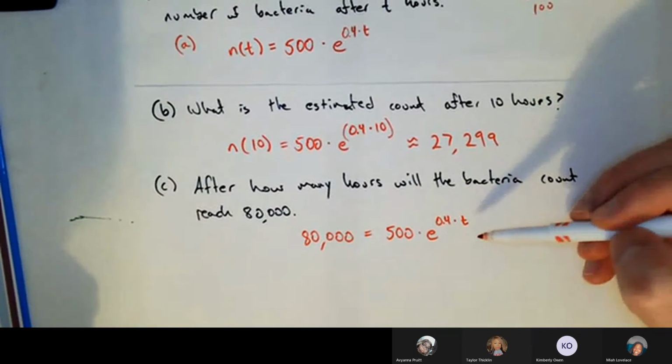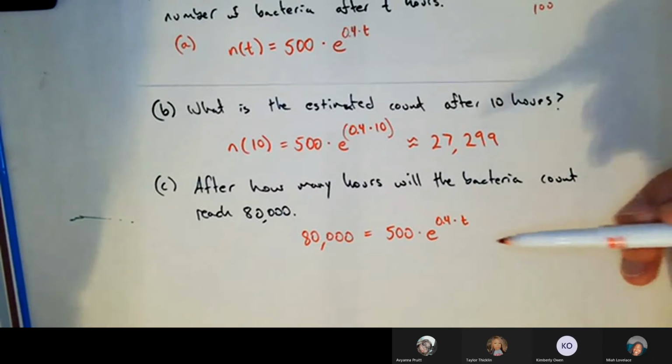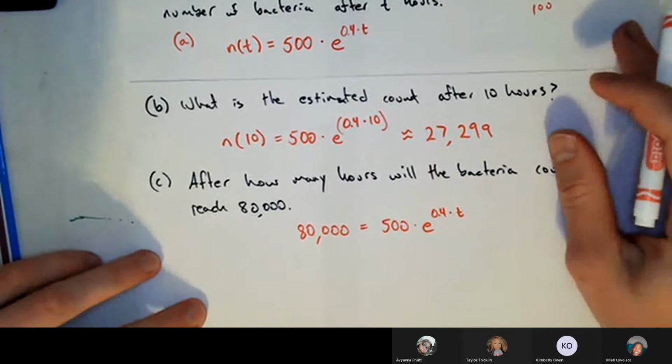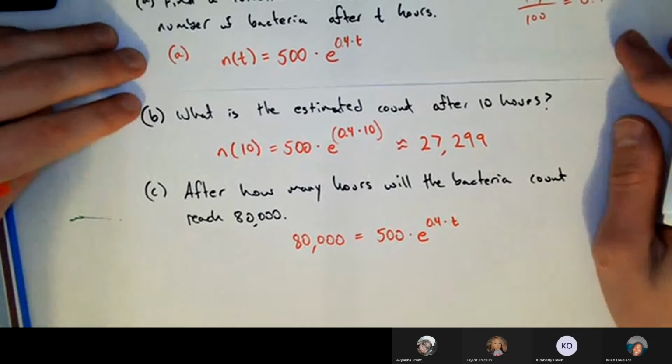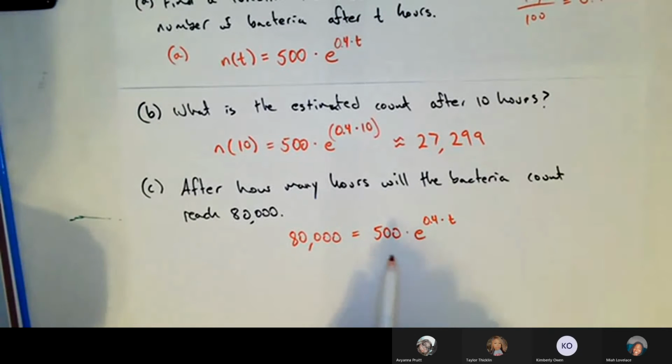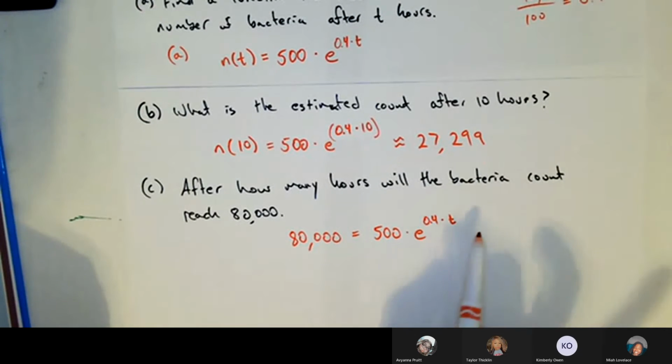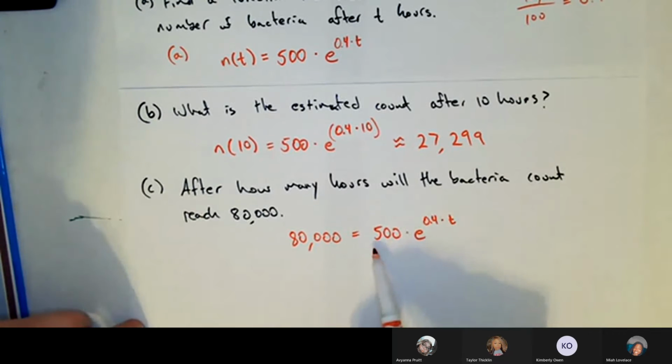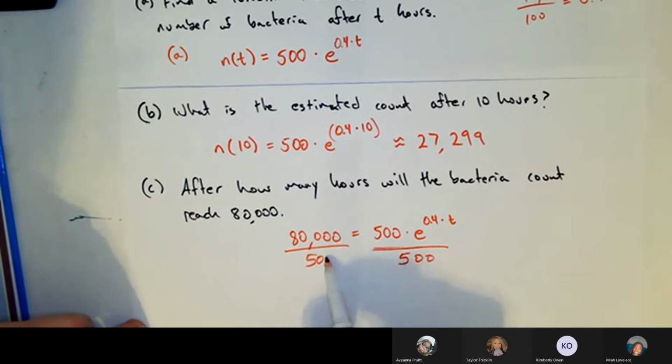T is embedded in an exponential, rather in an exponent. So I know I've got techniques for this. The first thing is to isolate the exponential function, get anything off of it, right? No addition, subtraction, multiplication, or division. So I do need to divide both sides by 500.